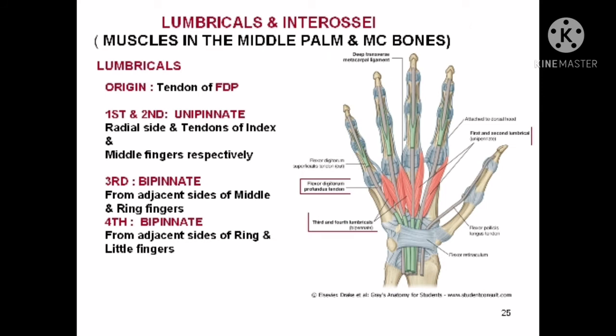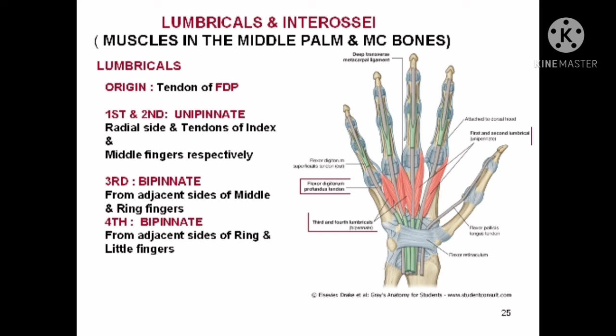The lumbricals and the interossei muscles lie in the middle of the palm and between the metacarpal bones. The lumbricals arise from the tendon of the flexor digitorum profundus muscle, as you can see in the diagram on the right side.